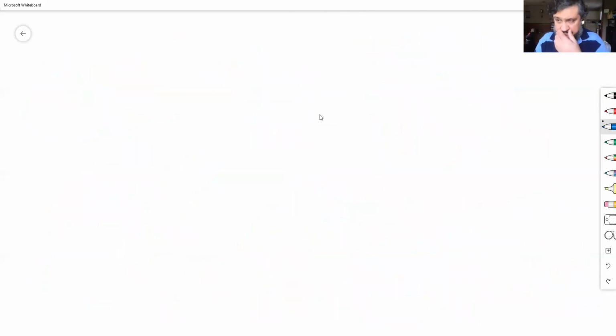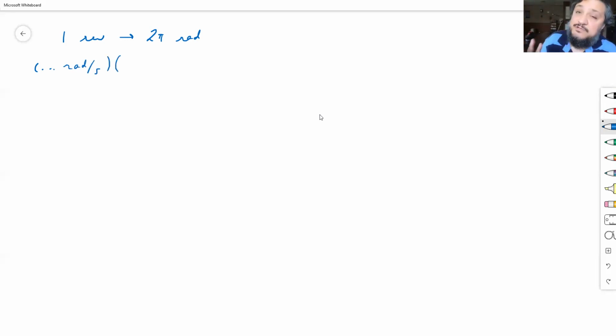So we have 1 revolution that corresponds to 2 pi radians, okay? So x number of radians per second, so some value here, but that's given in terms of radians per second. All you have to do to convert this to, let's say, revolutions per minute, RPM, right?